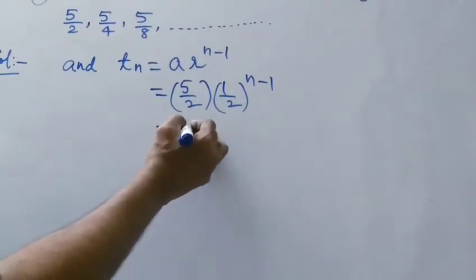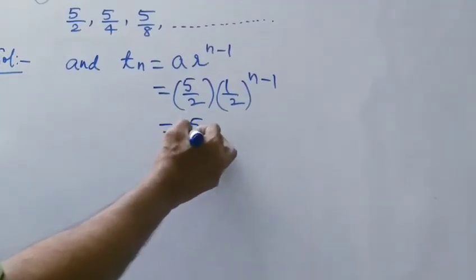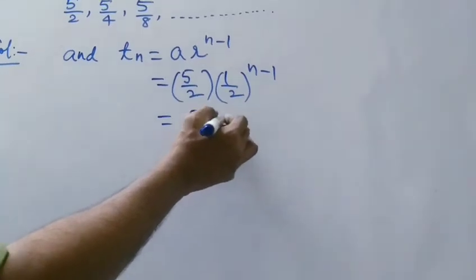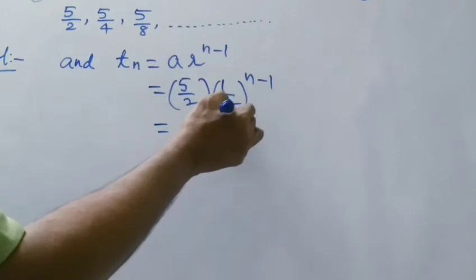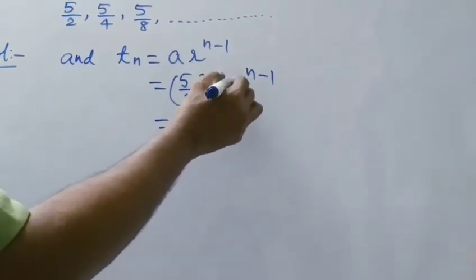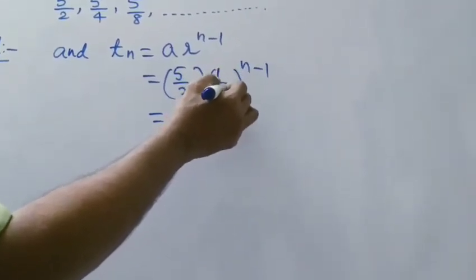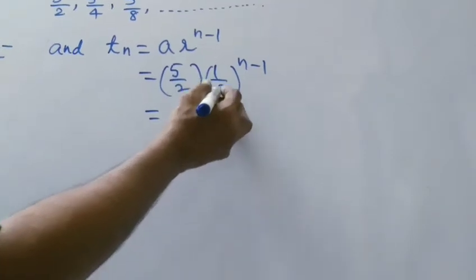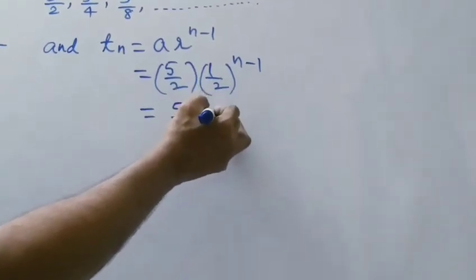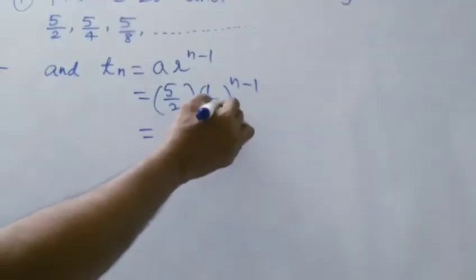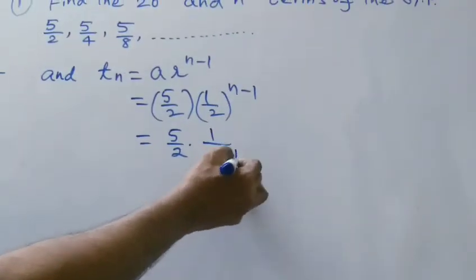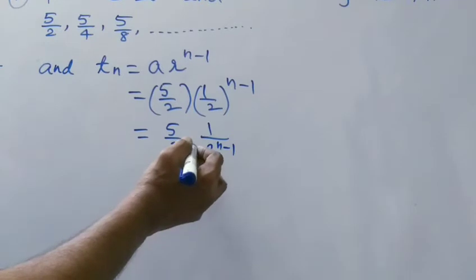It becomes 5 by 2 into (a by b) whole to the power of m, that means a to the power of m divided by b to the power of m. So 1 to the power of n minus 1 becomes 1 only, with the denominator 2 to the power of n minus 1.